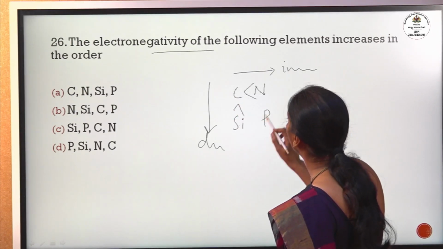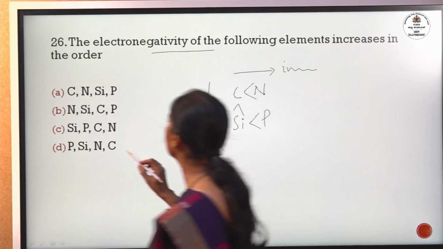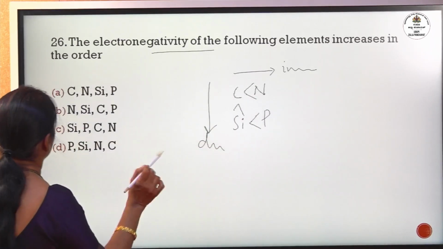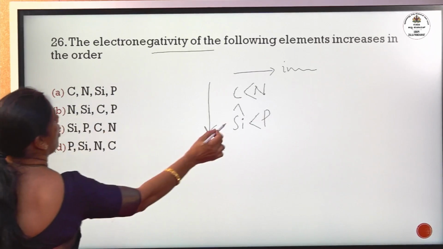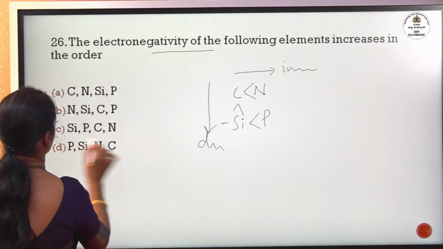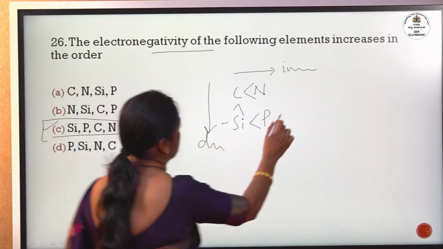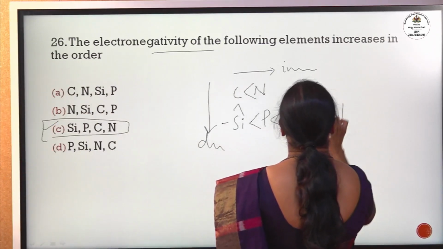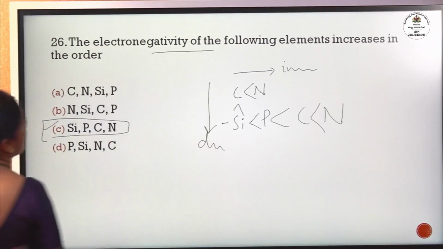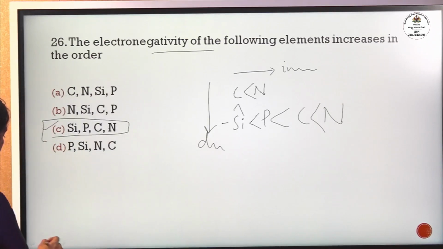So the order is silicon, phosphorus, carbon, nitrogen. This is the correct option. Silicon, phosphorus, carbon, nitrogen is the correct order. Answer option C is the correct one.